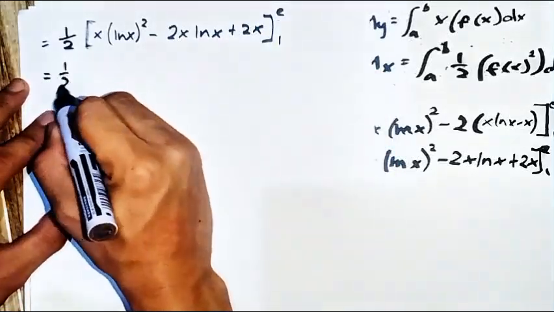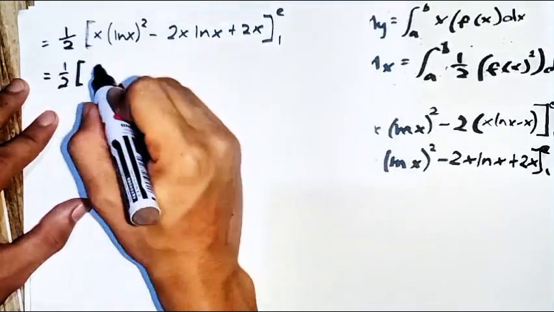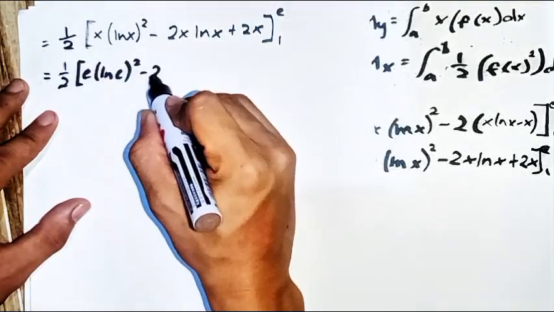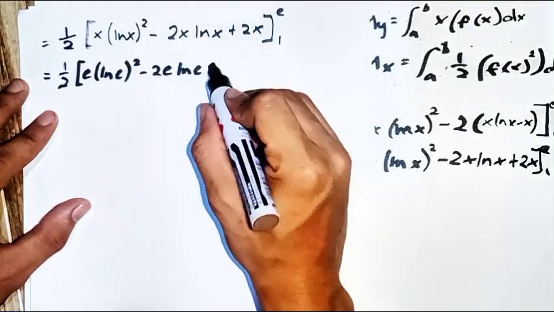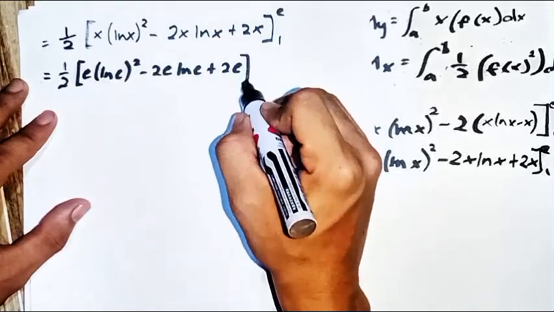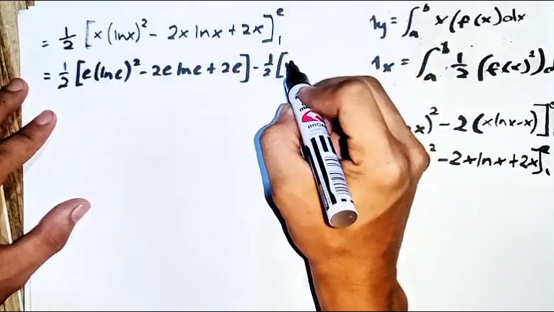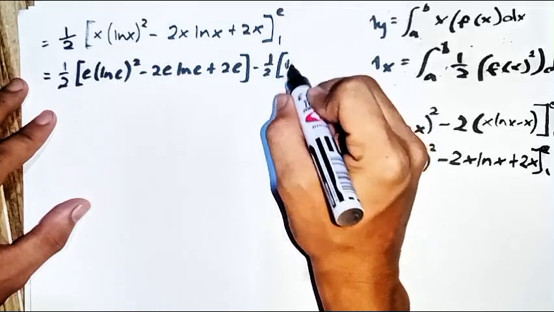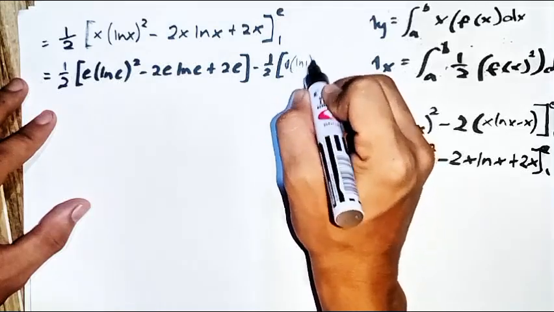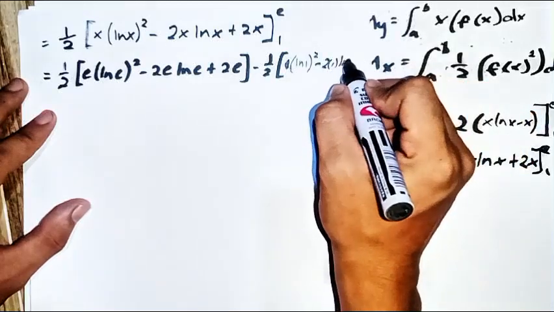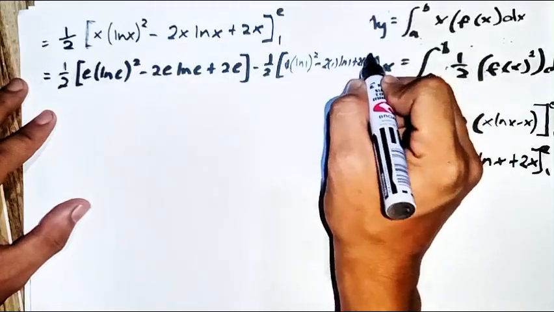So 1/2, substitute e into x: e (ln e)^2 minus 2e ln e plus 2e, minus 1/2 our lower limit, which is 1: 1 times (ln 1)^2 minus 2 times 1 ln 1 plus 2 times 1.